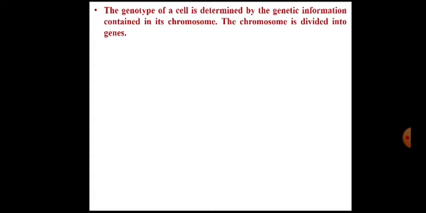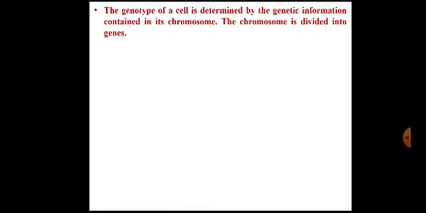The genotype of a cell is determined by the genetic information contained in its chromosome. The chromosome is divided into genes. In a bacterial cell, there is a covalently closed circular single DNA molecule.